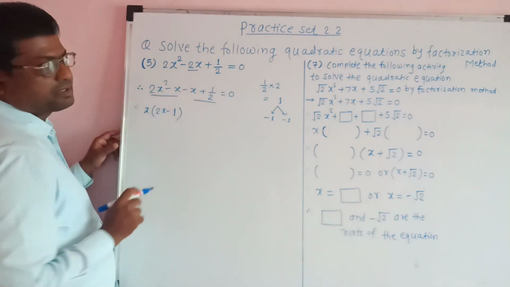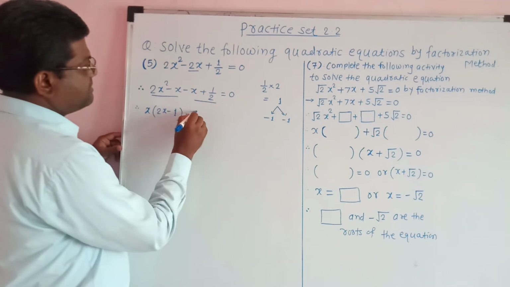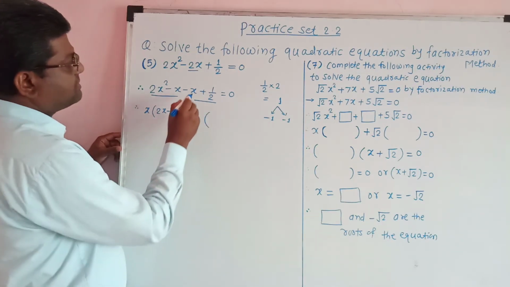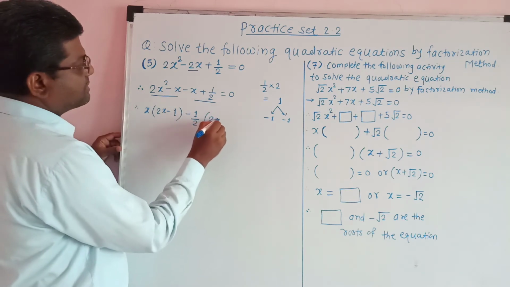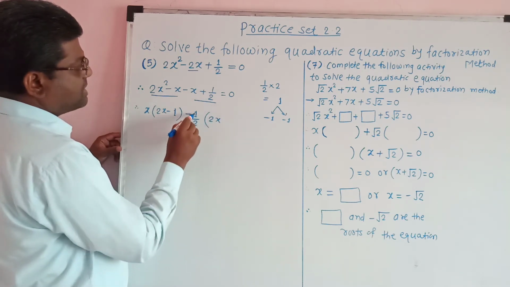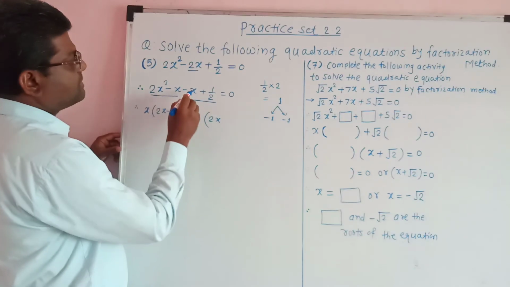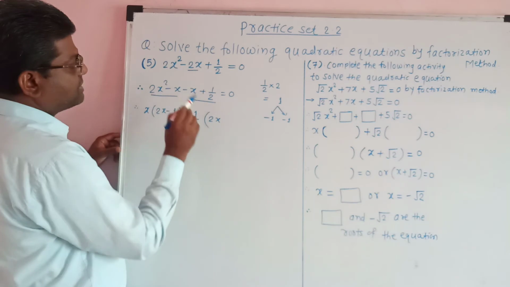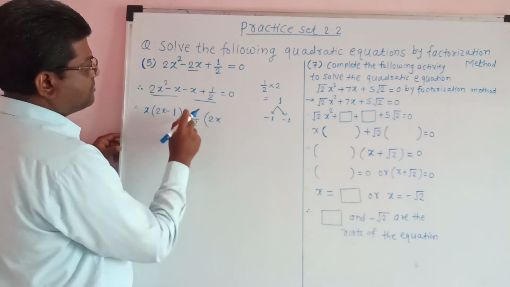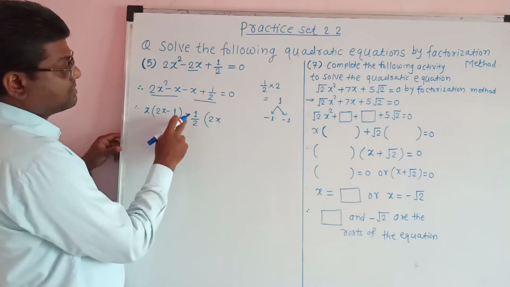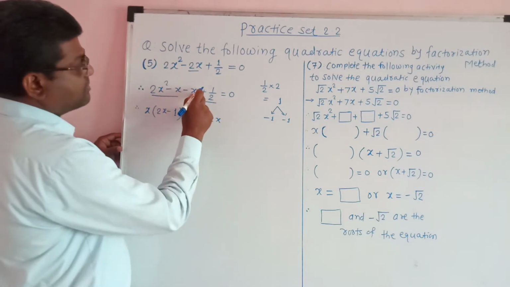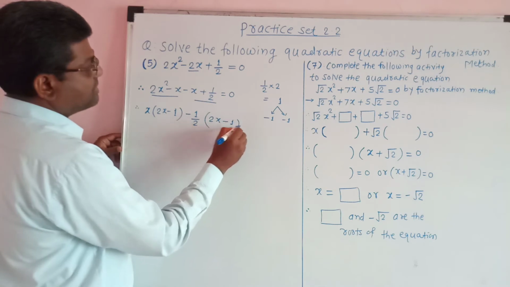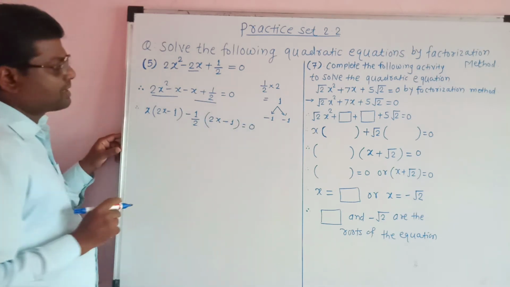In these other two terms, if we take minus 1 upon 2 common, then in bracket this will be 2x, because 1 upon 2 into 2x will be x here, and due to this minus sign this x will become plus, and we have taken the minus sign out of bracket, therefore this plus will become minus, and here will remain 1, is equal to 0.